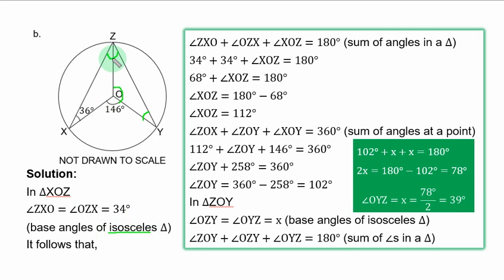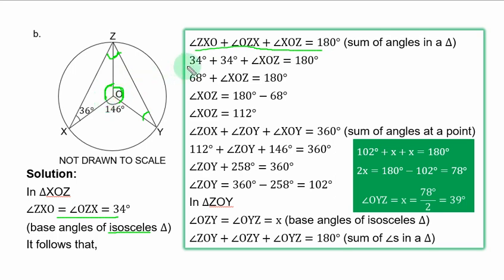So once the base angles are equal, you can get this angle. Once you get this angle, you get this, and what you are asked to look for. So the base angles are equal, 34 degrees. In that triangle, if you add all the three angles, the sum is 180 degrees.